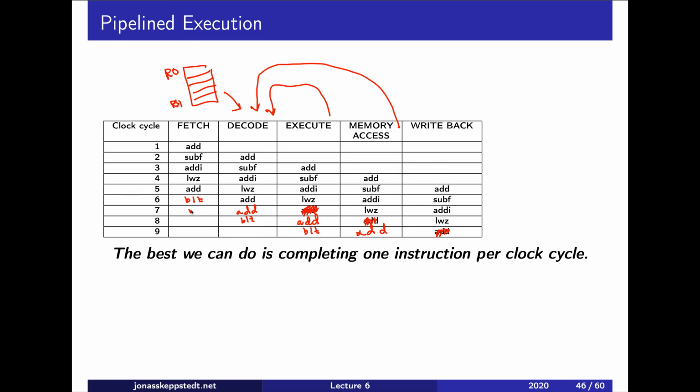So maybe here we fetch the multiply and divide and subtract. If we decide to branch, then maybe we should branch away to somewhere else and not execute the multiply, divide, and subtract.